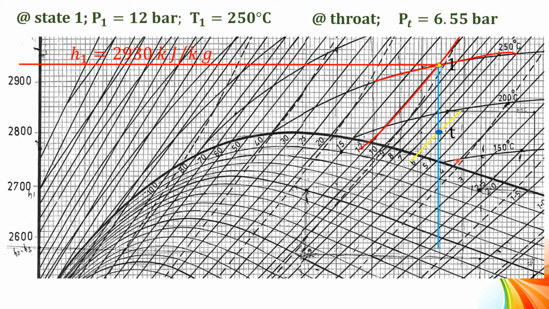So here mark the point as T. Now I have to measure the corresponding specific enthalpy value of point T, which is 2800 kilojoule per kilogram. Now we have to find the corresponding specific volume at point T. So the specific volume Vt equal to 0.3 meter cube per kilogram.